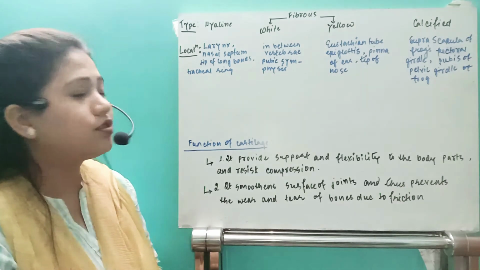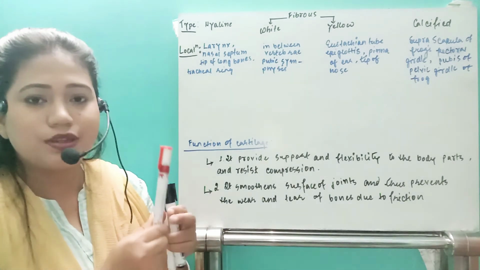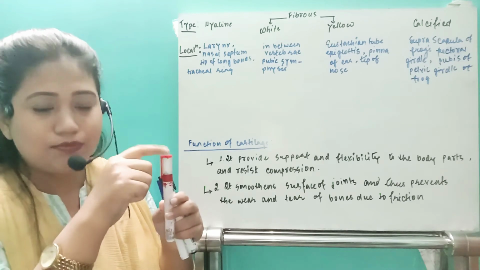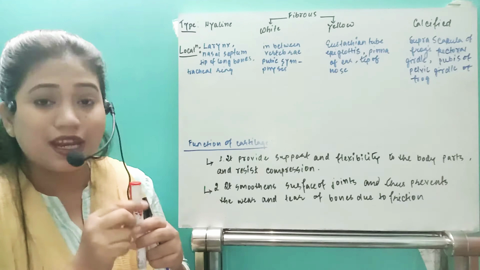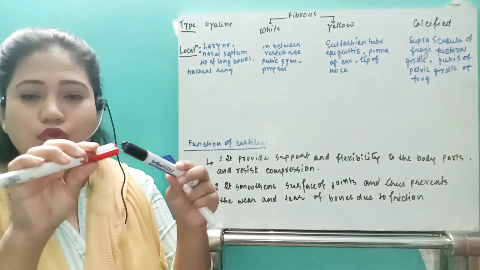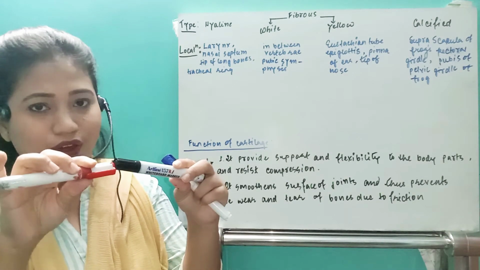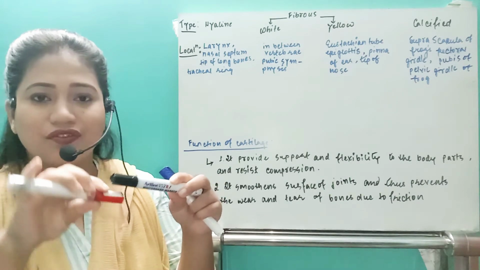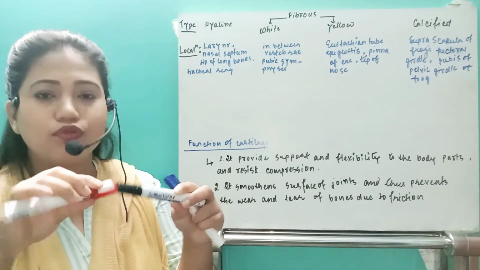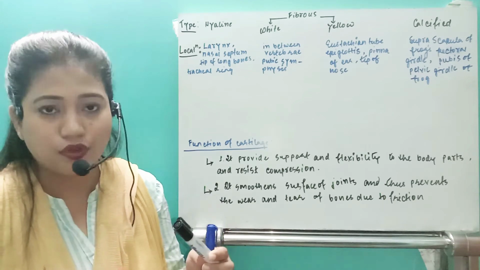Then the tip of the long bones. Suppose there are two bones, and at one region they have a joint. In this region we have locomotion, isn't it? We have to move our bones, otherwise how can we move?